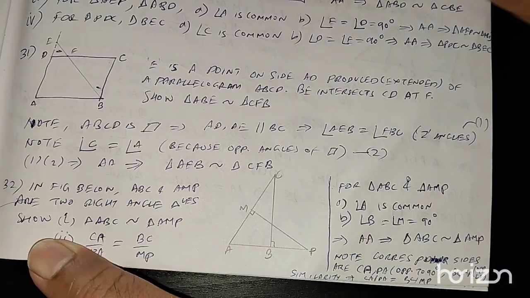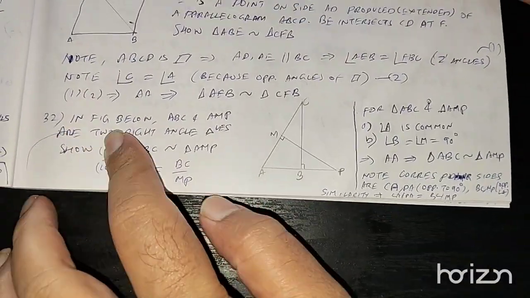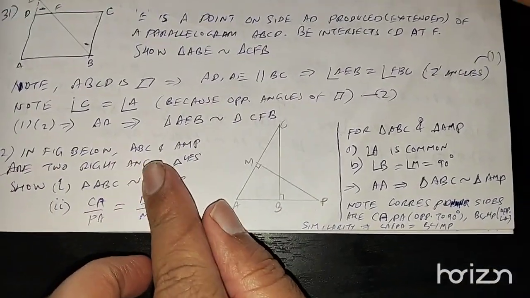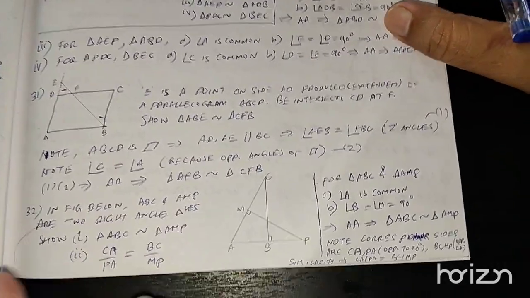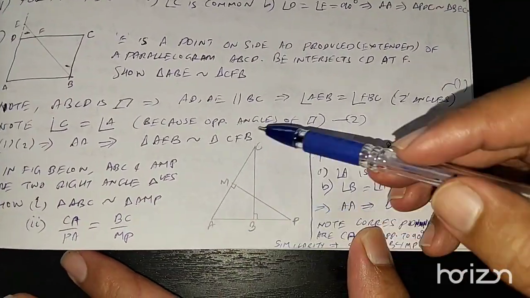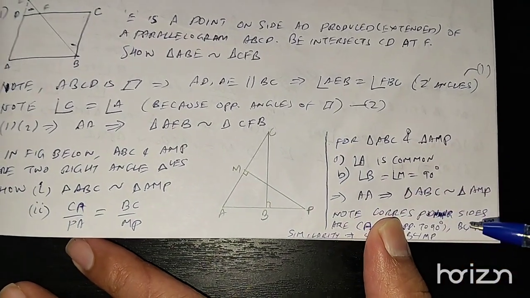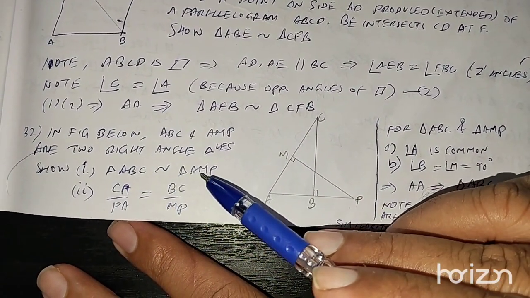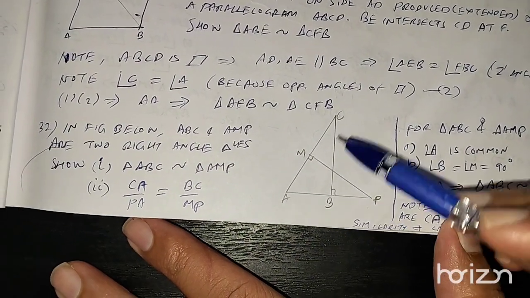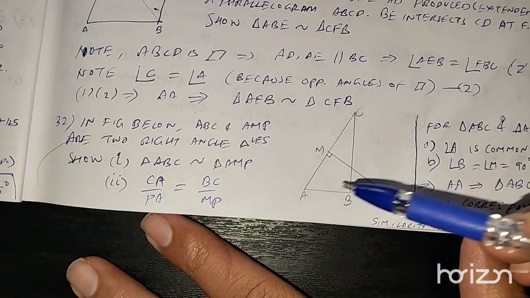Okay, next question. In the figure below, ABC and AMP are two right angle triangles. Show that ABC is similar to AMP. That is easy because angle A is common.